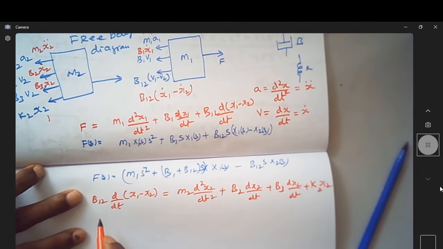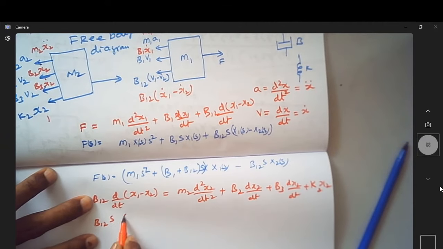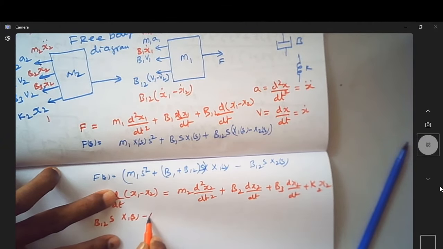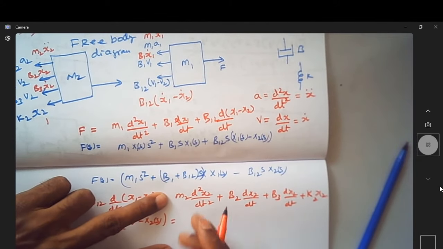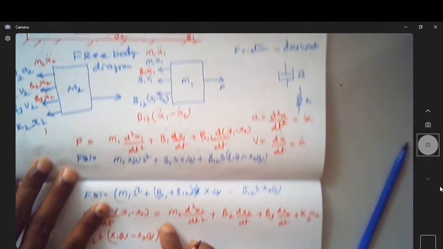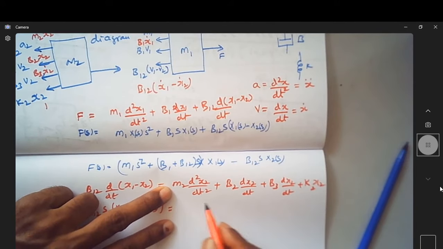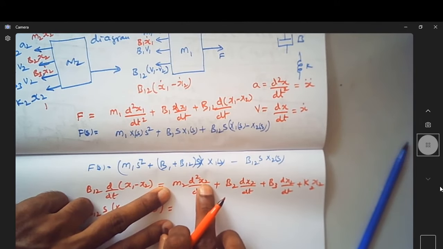Next you can take the Laplace. So it is b12 s times x1 of s minus x2 of s is equal to, of course you can stop here itself, no need to group. You can also group it and then put it as one more step. So let me just group it, because all of them have only x2.